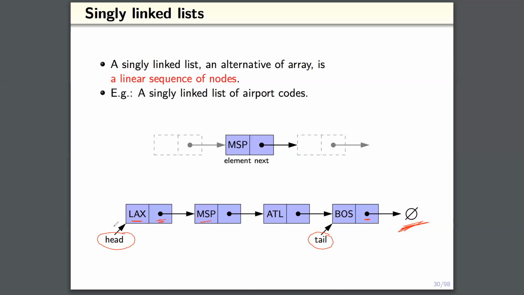Simple, right? It's a collection of nodes. Each node can be considered as a struct in C or C++, or a class. It can also have functions in C++, Java, and all other object-oriented programming languages. So it has data and it has a pointer.